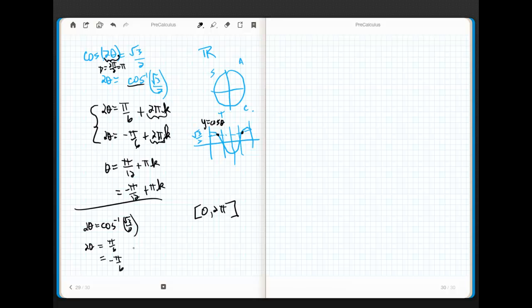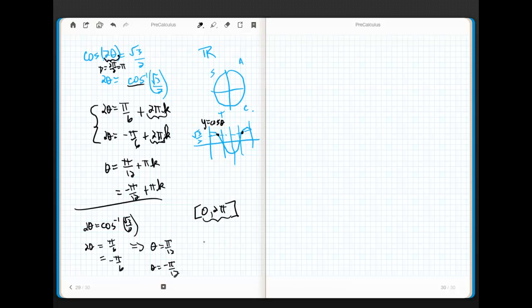Now if we're not really, really careful here, we might say, oh, that's easy, Ripley. That just implies that theta equals pi 12ths and theta equals negative pi 12ths. Well, my spidey sense is already tingling because negative pi 12ths ain't in this interval, right?